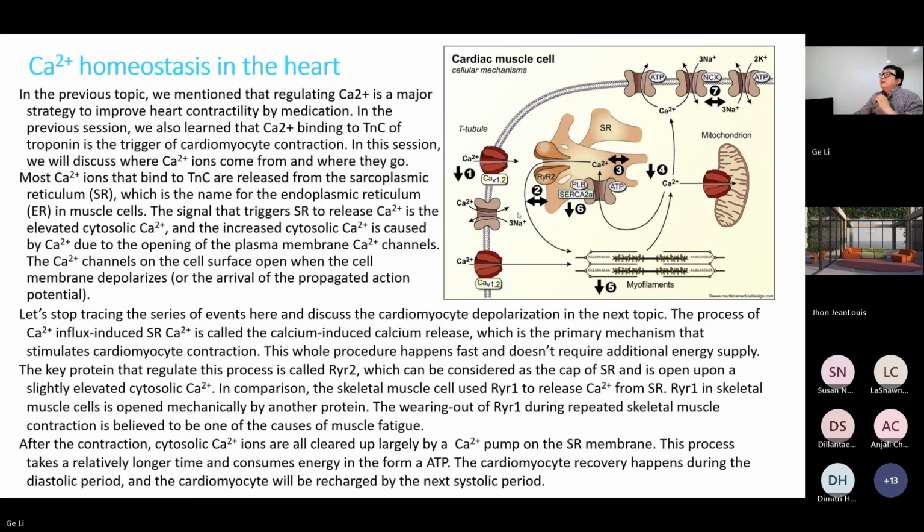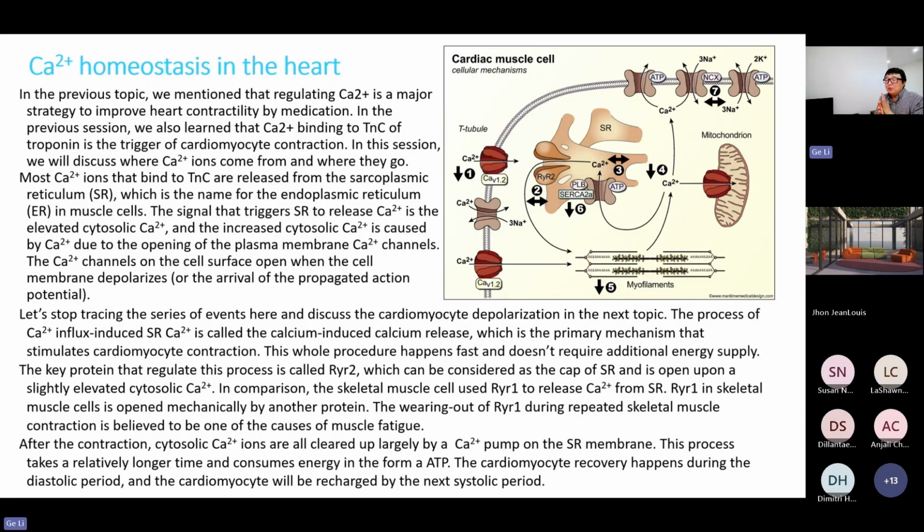So what triggered the RYR2 to open? That is the cell membrane calcium channel. Now we have another question. What opens the cell membrane calcium channel? We actually will stop here.